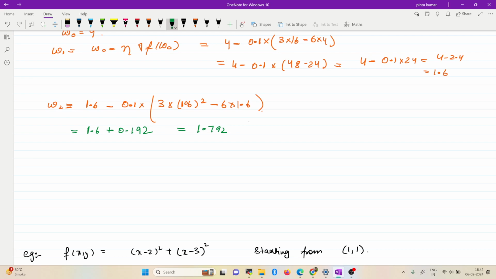They asked us to solve for 3 iterations. Can someone please solve for W3 also? This would be 1.792 minus 0.1 times whatever value of gradient you get. So this would be 3 into 1.792 square minus 6 into 1.792. I'll also use the calculator.